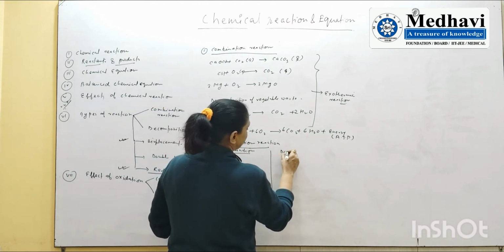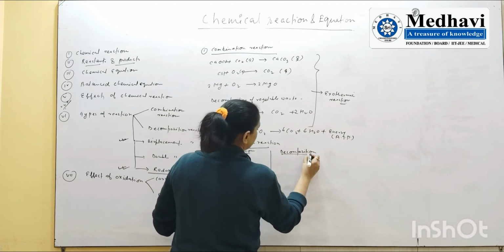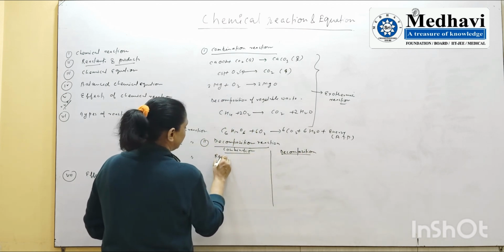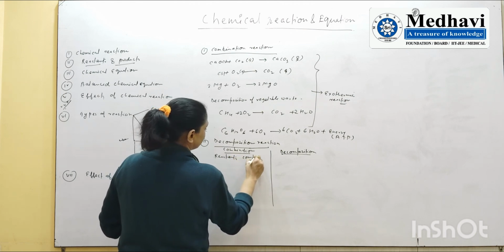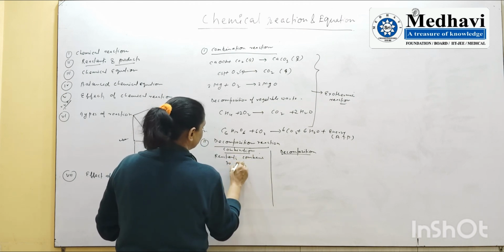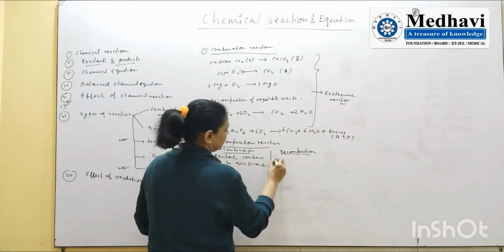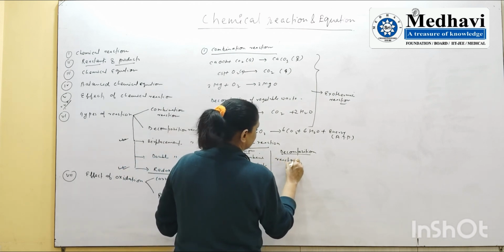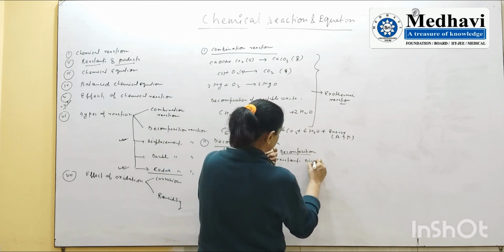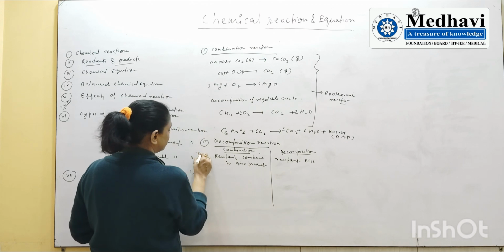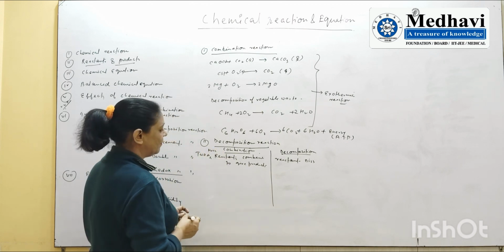So combination and decomposition are both opposite. Here reactants combine to give a product. Here a reactant dissociates to give, mind it, you can say two or more reactants combine to give a product.